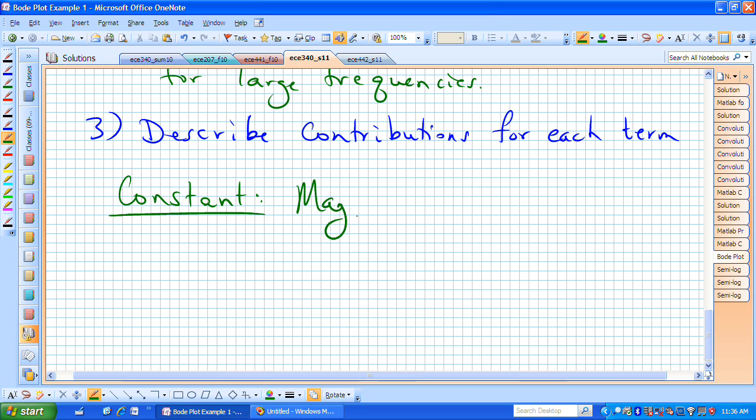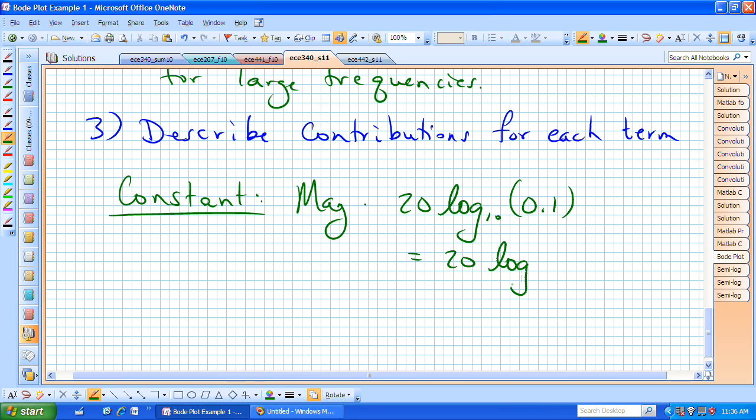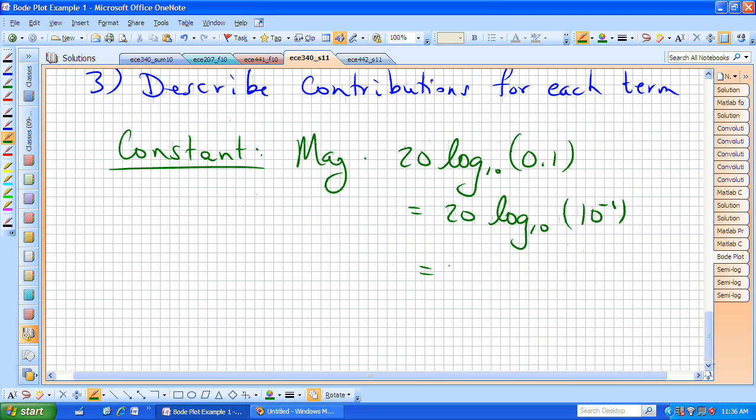For the magnitude of our constant, that's 20 times the log base 10 of the constant, which is 0.1, or 10 to the minus 1, which is minus 20 dB, and that's for all frequencies omega.